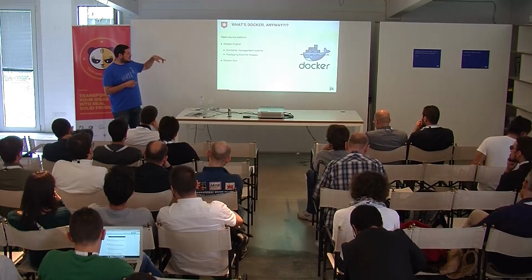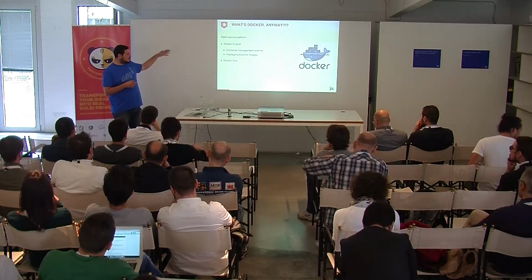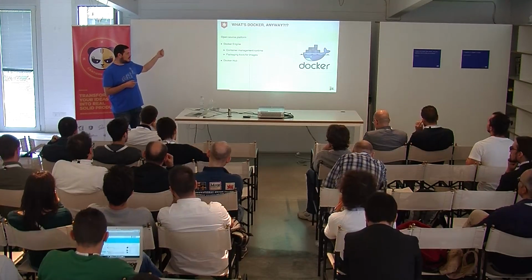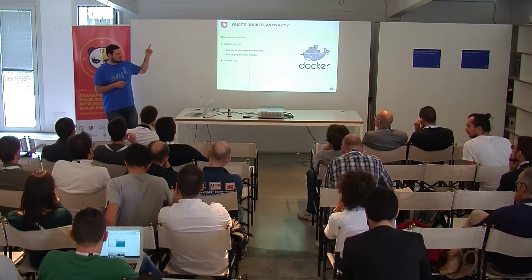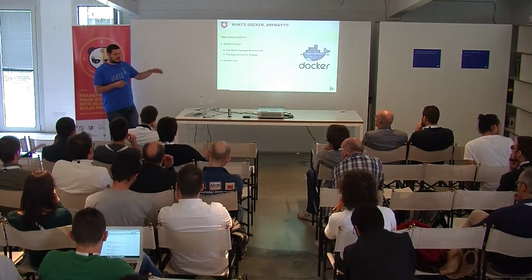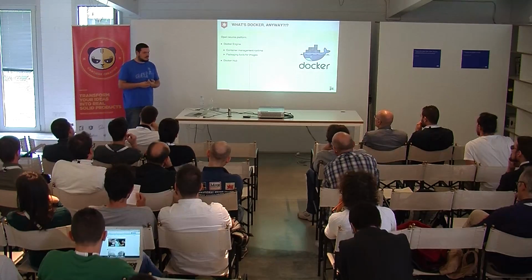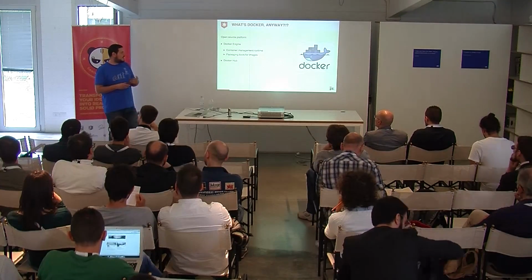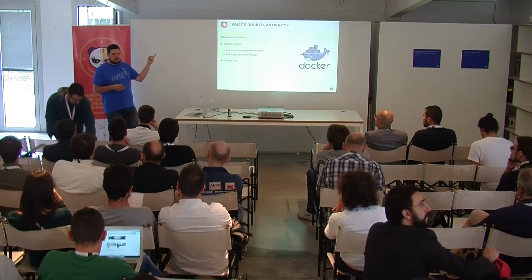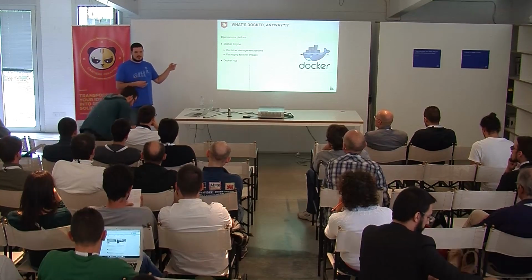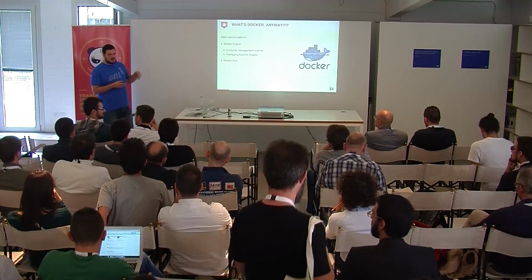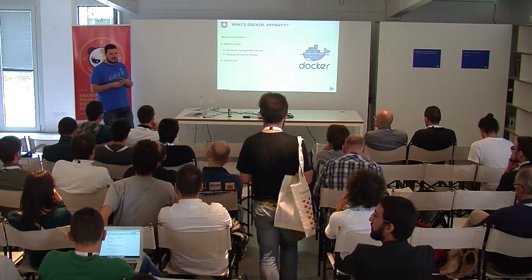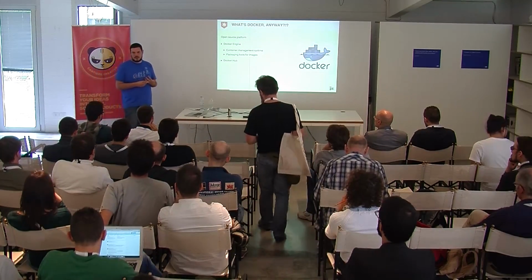Docker is composed of different parts. One is the Docker engine. It's the container management runtime, so it's the part actually running the containers. I will get to what a container is later. There is a set of tools to package and share images, Docker images. We will get to that. And then there is the Docker hub, which is much like GitHub, but for Docker images.